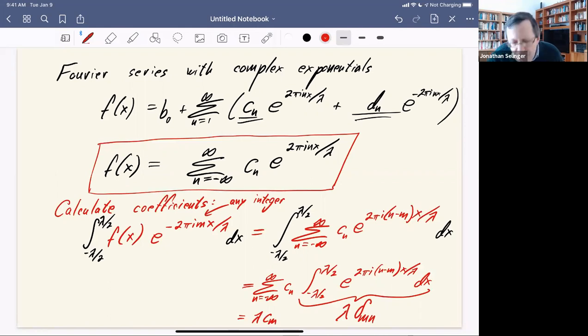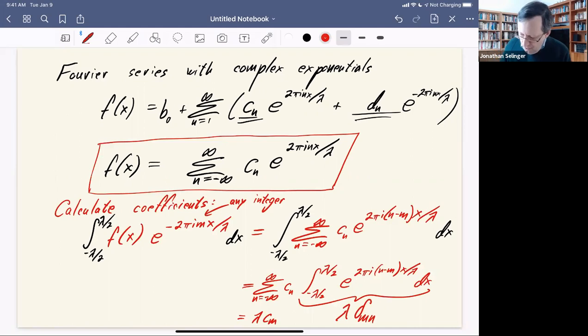All the other terms in this infinite sum are 0. So that tells us a procedure to calculate the Fourier coefficients.